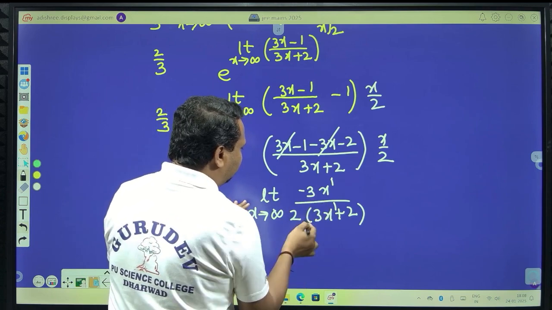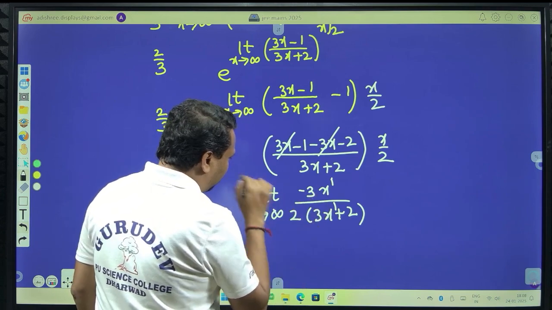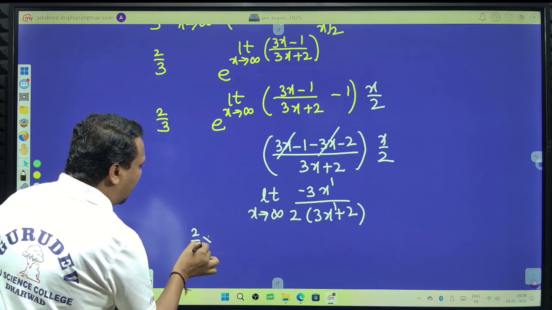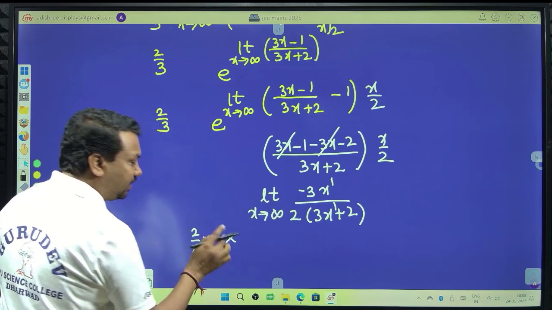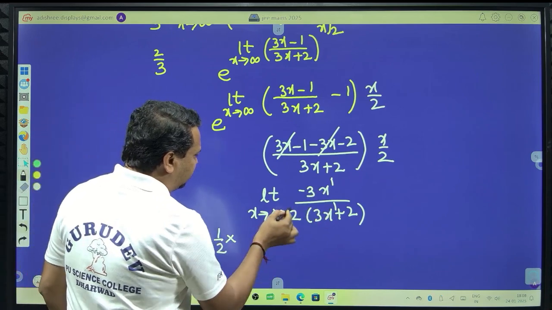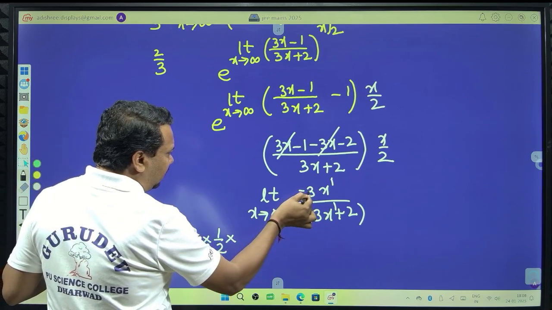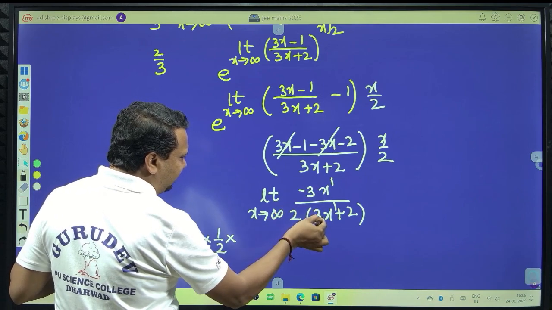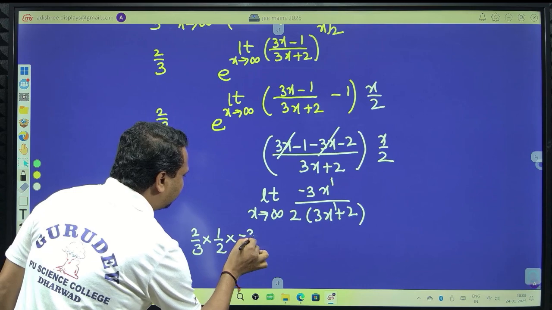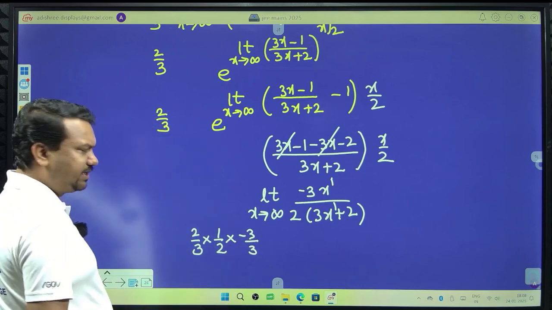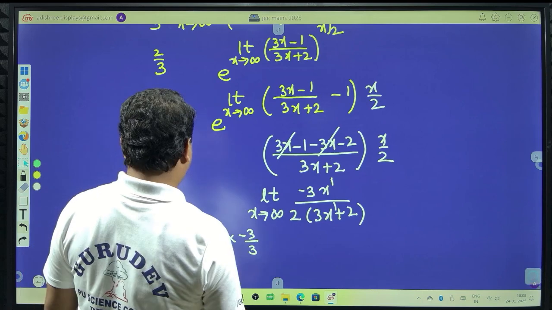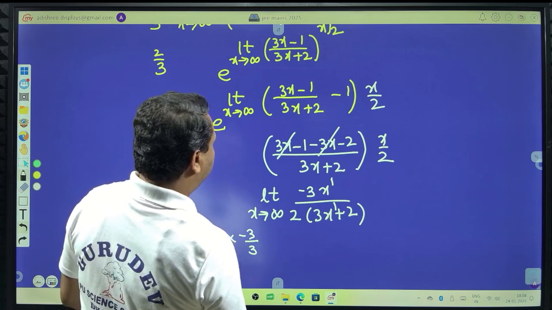So you can just understand what the total value of this function is. See, 1 by 2, suppose I take outside, please observe, 2 by 3 we have, I am taking 1 by 2 outside. Now, minus 3x divided by 3x plus 2, what is this answer? Is it minus 3 divided by 3? Because as the limit extends to infinity, isn't it? So what will I get? 2 by 3 into 1 by 2.